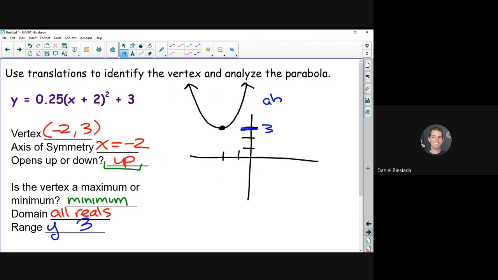And it's definitely above. And therefore, our range should be y is greater than or equal to 3. Now, I haven't made an amazingly beautiful graph here, but I've done enough to identify these key features. So again, identify the translations in the vertex, determine if the graph is going to open up or down, and you should be good to sketch and analyze from there.